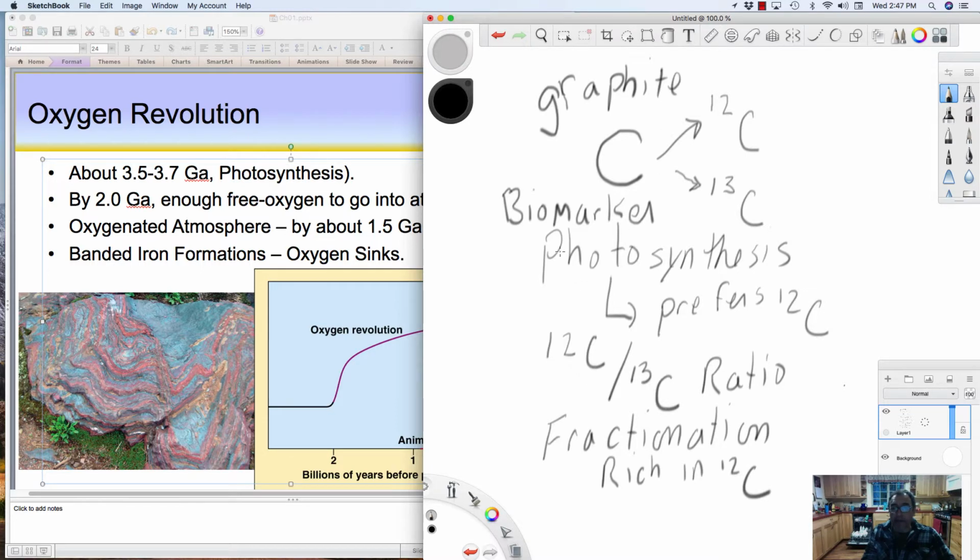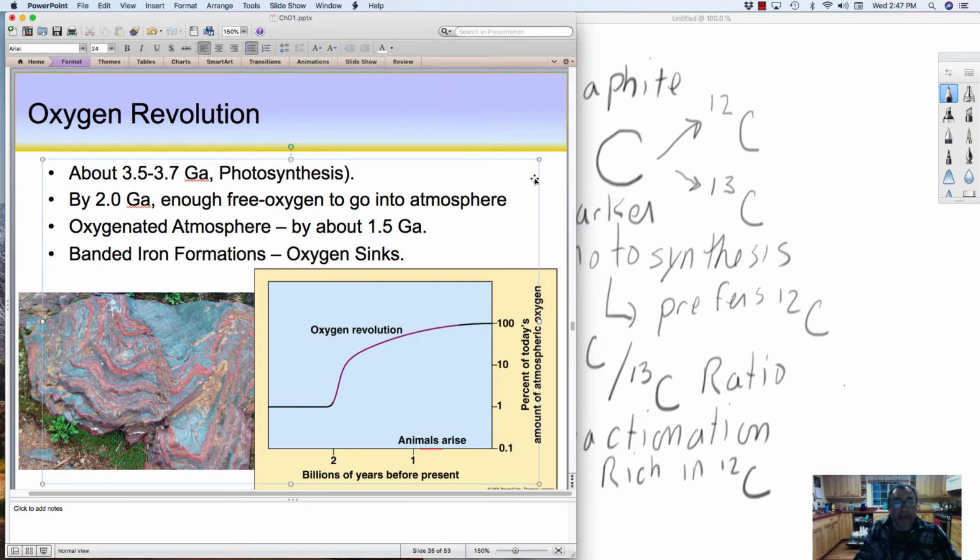The only thing that we know of is something that does photosynthesis, right? So that's the biomarker we use as evidence for when photosynthetic organisms started doing photosynthesis on Earth, right? So that began around 3.5 to 3.7 billion years ago.